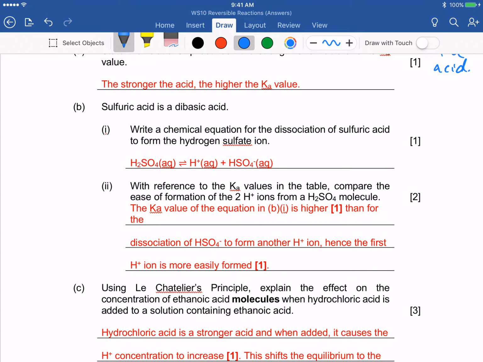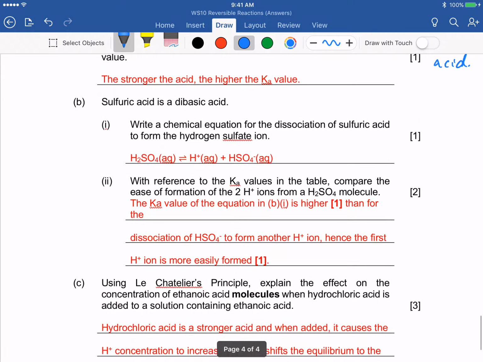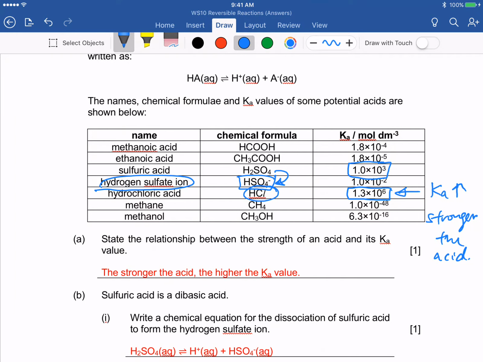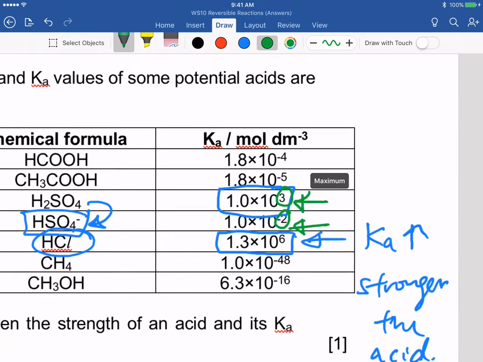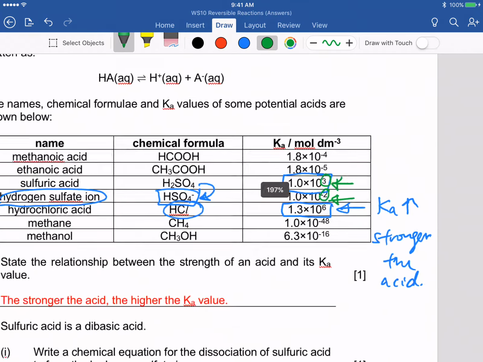Part 2, with reference to the Ka value, compare the ease of formation of the two H plus ions from a H2SO4 molecule. The first dissociation is this. The second dissociation is this. From here to here, you can see that the value of the Ka has decreased by a lot, from 10 to the power 3 to 10 to the power minus 2.